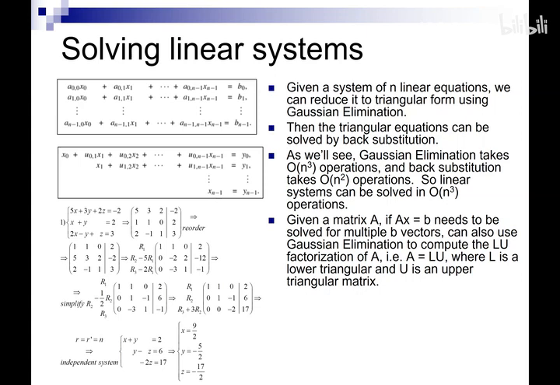Okay, so the Gaussian elimination, if you run this slightly differently, you can also compute what's called an LU factorization of the A matrix. The A matrix is just the matrix with all of these a values.